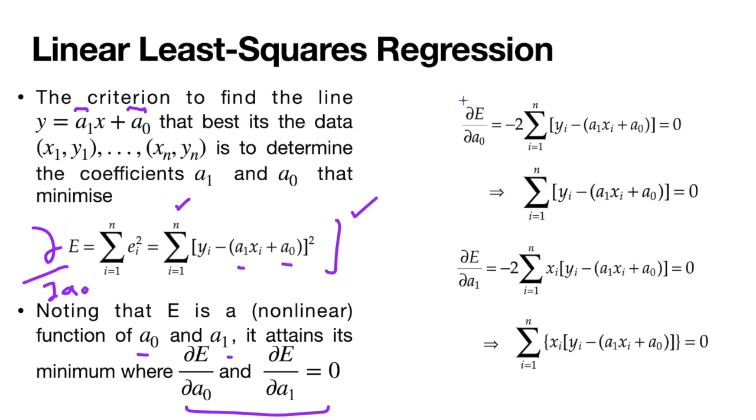For example, if we do partial e over partial a naught, you can see that this is a naught square, and there is a minus sign also, so it will become minus 2 a naught.